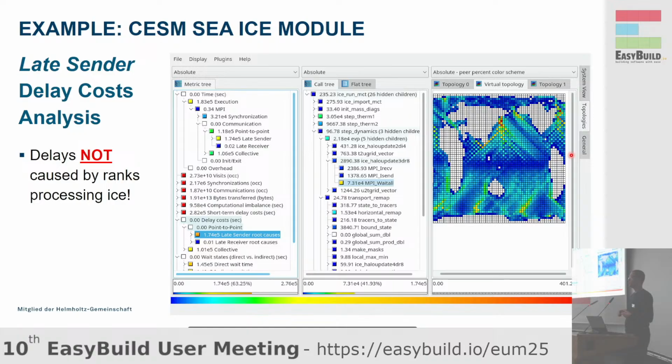We intercept the I/O calls at link time basically, and collect the number of bytes written and read. So that's the kind of information that you get there.